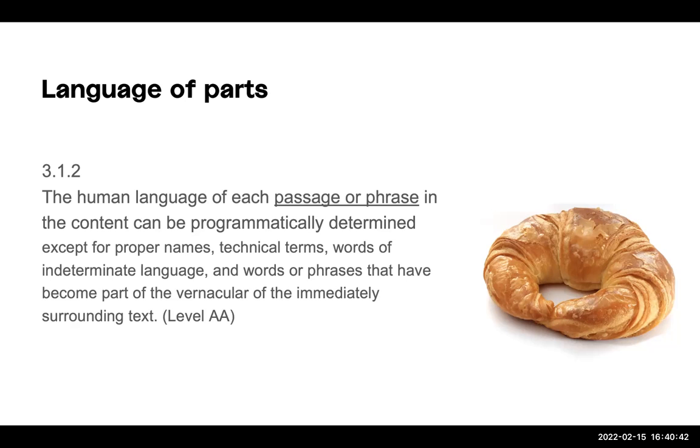So that's the simple definition of this success criterion: when we have the whole page in one language and some parts in other languages, and this content should not be translated to English, for example, we need to identify the language for it so that screen readers or assistive technologies do not struggle with this content, and you can have all of the content read out without missing information.